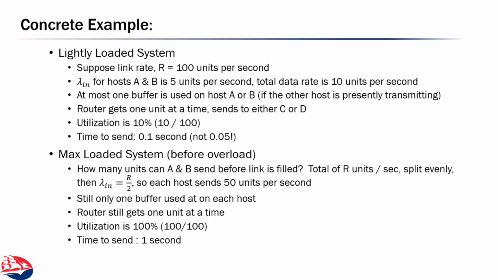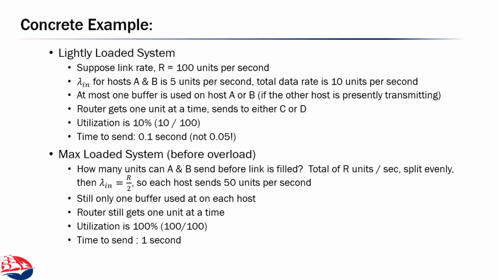All right, let's go to the other extreme and think about a maximum loaded system. This is the point right before overload. How many units can A and B send before the link is completely filled? If the link can hold R units per second and we split it evenly, then lambda in of each machine can only be R over 2.